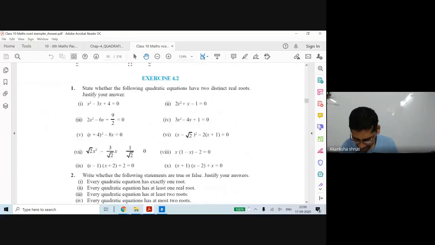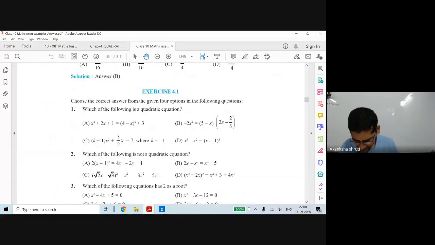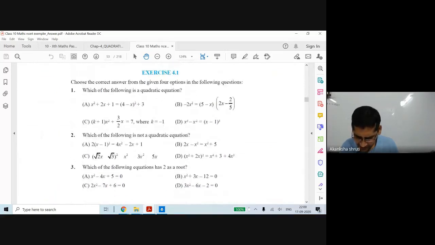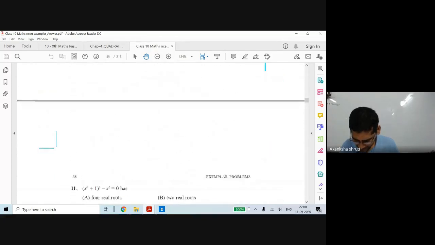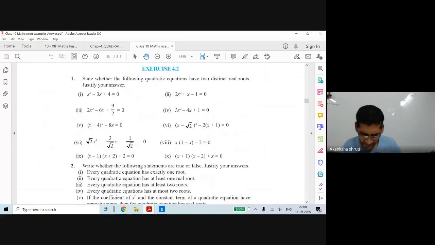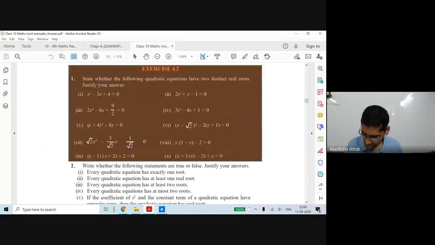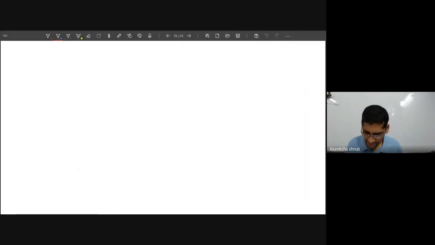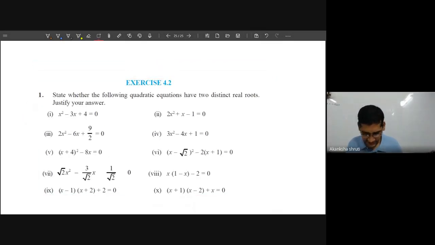So let me collect the homework of this thing we can do. Exercise 1 we can do, all the questions we can do. Exercise 2, I will give some hint and take some of the questions from here.